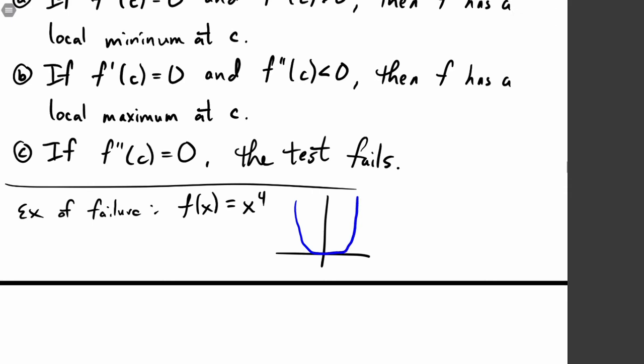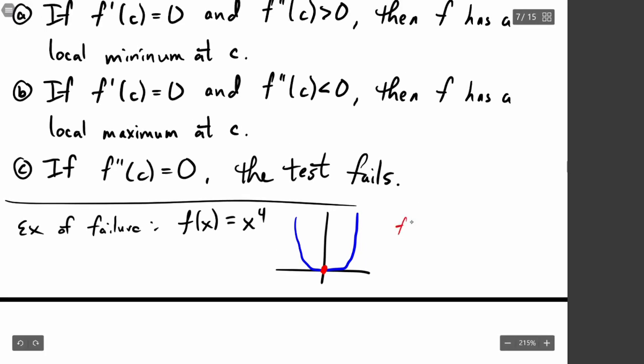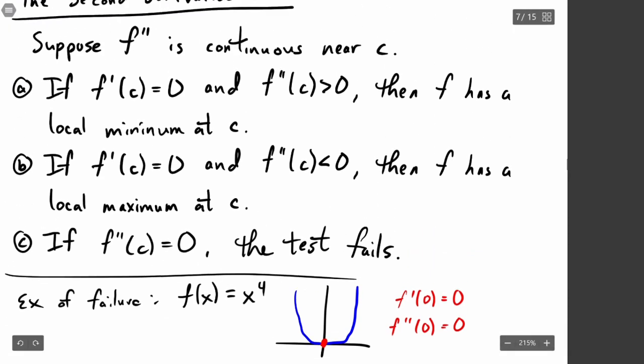And it absolutely has a local minimum here at x equals 0. But what you're going to find is that f prime of 0 is 0, which is what you want, but f double prime of 0, the second derivative is 12x squared, that's also going to be 0. So it is possible for this test to fail.